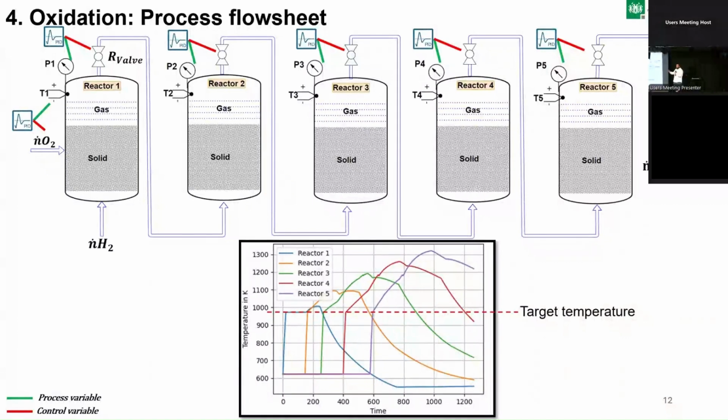Why? Because of two things: the oxidation reaction is exothermic, and also, due to the transfer from the previous reactors into the subsequent reactors, heat is transferred. So the reactors get a lot of heat that is not needed for the process.